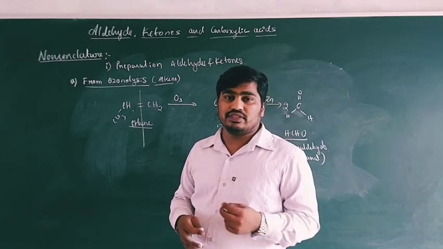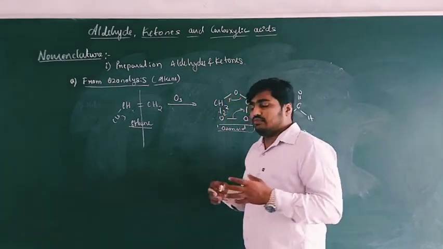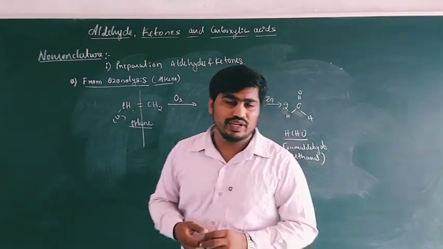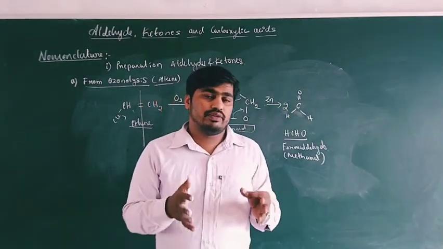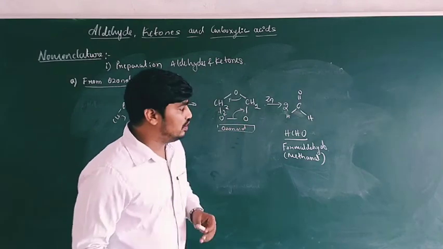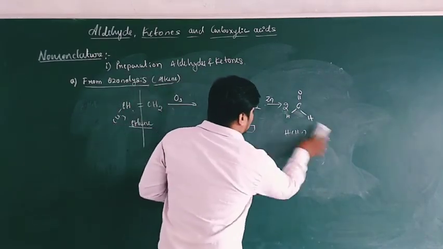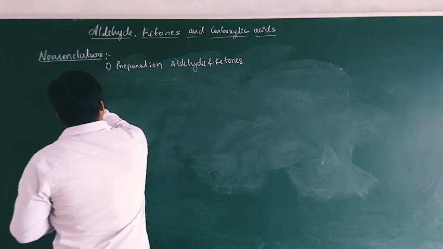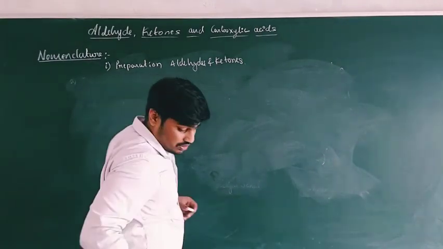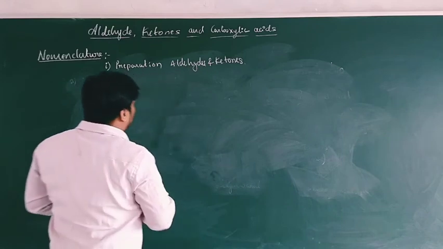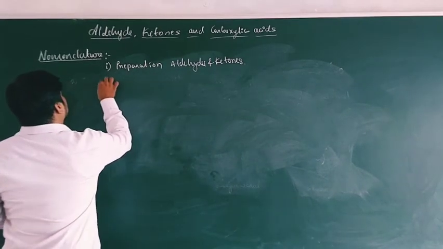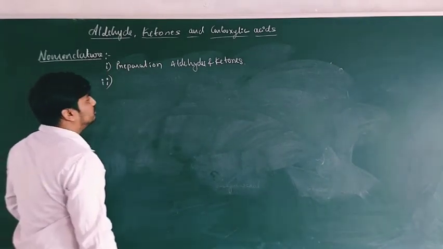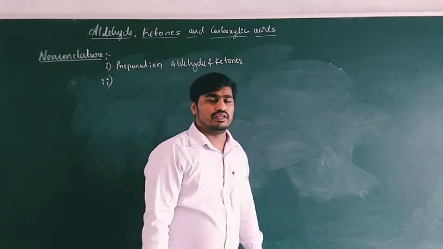Okay, that is the difference during the ozonolysis. These things are very important for your competitive exam also. Please practice more examples on ozonolysis. Definitely one question is asked in competitive exams.